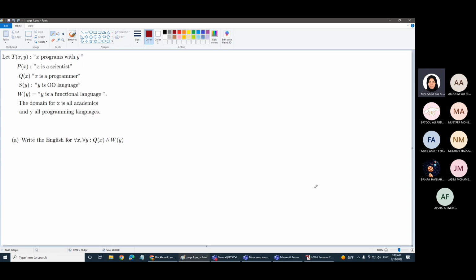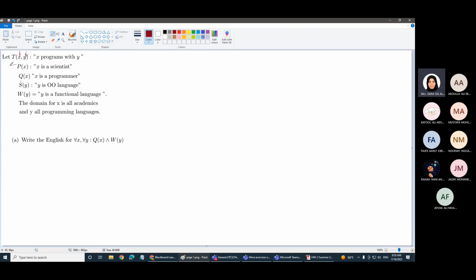So we have two domains here. The domain of X is all academics in the university, and Y is about the programming languages. The first variable belongs to the academic staff, and the Y belongs to the programming languages.